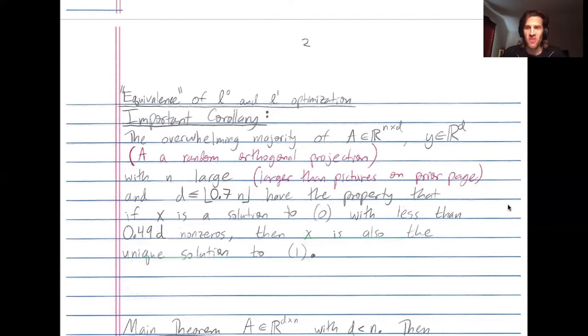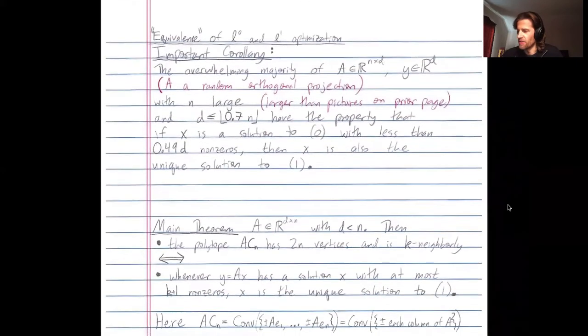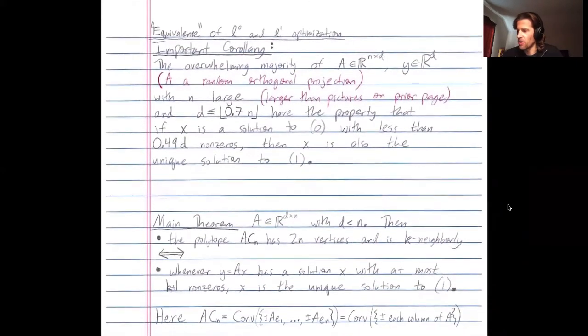So you just use linear programming, solve the L1 problem, and aha, you found a solution to the L0 problem, if there's few enough non-zeros. I call this a corollary. It's a corollary of a result about polytopes.